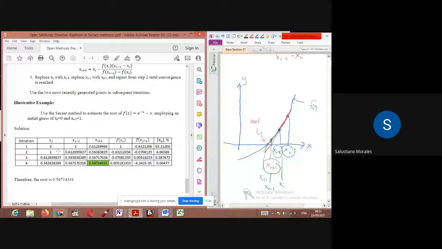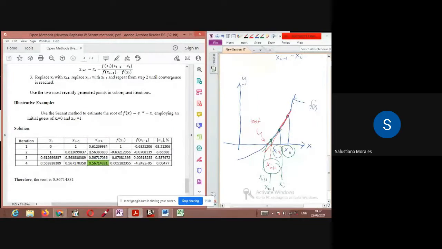Okay? So from the discussion, replace xi with the value of xi minus 1, whatever the latest value. Ganun din sa xi minus 1, ang new value niya should be the latest value of xi plus 1. So parang in the arrangement na dito sa lecture natin, mag-move yung mga values natin going to the left. So to the left na po ba?